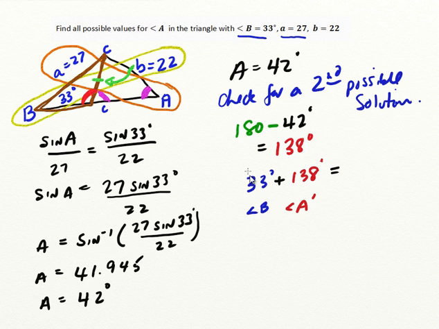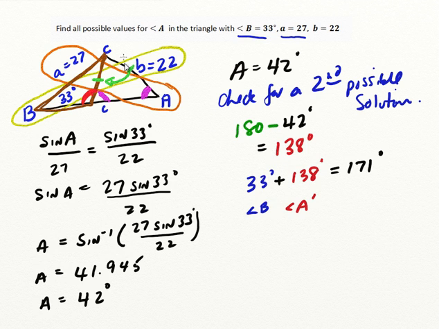Well, let's see. 8 and 3 is 11, and 3 and 3 is 6, plus 1 is 7, and 1. Now, that gives me a total of 171 degrees. And that's terrific because it's less than 180 degrees. Okay?